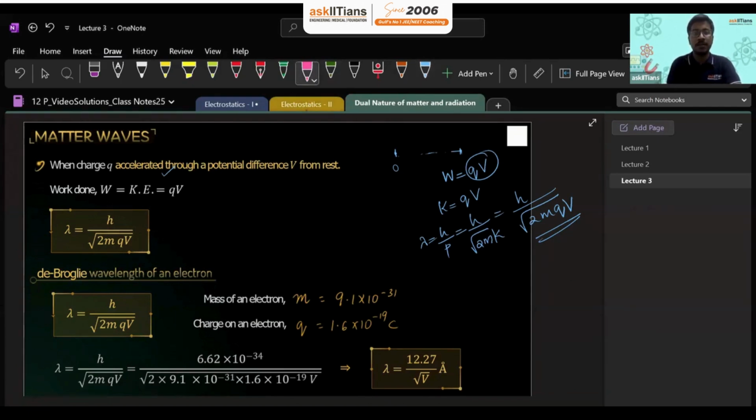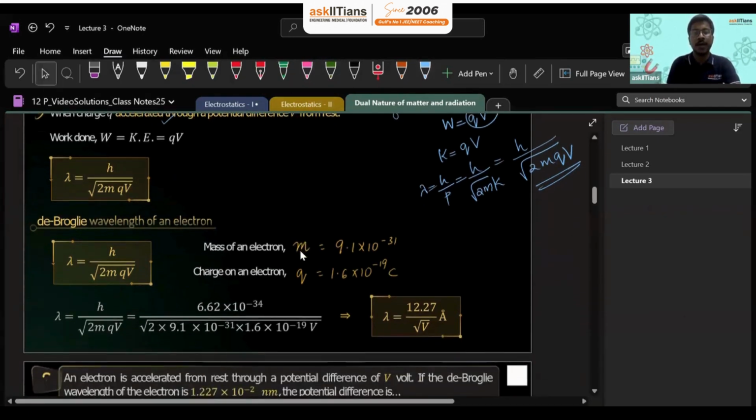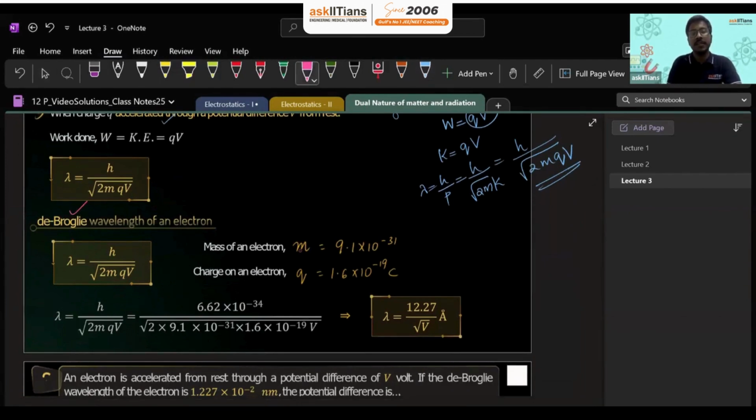Now in this example, we are trying to calculate the de Broglie wavelength of an electron. We know the mass of the electron is 9.1 into 10 power minus 31 kg, and the charge of the electron is 1.6 into 10 power minus 19 coulomb.